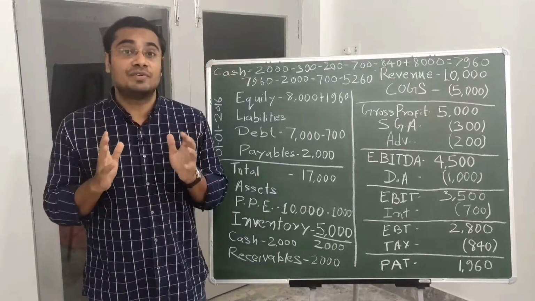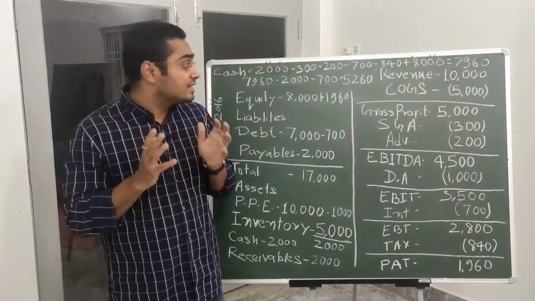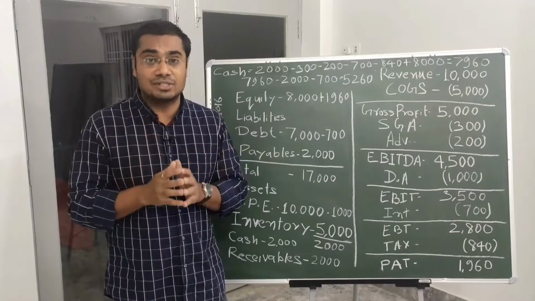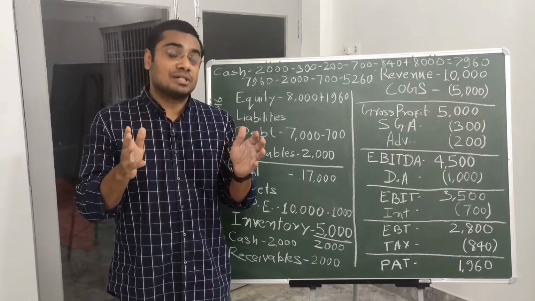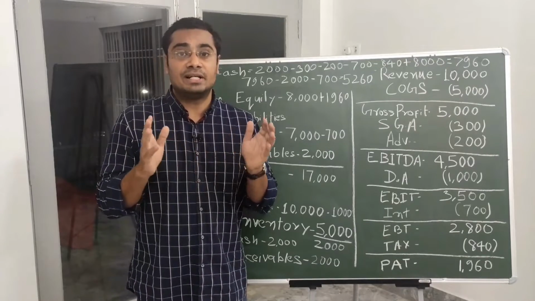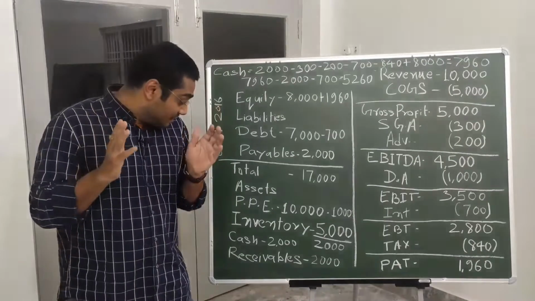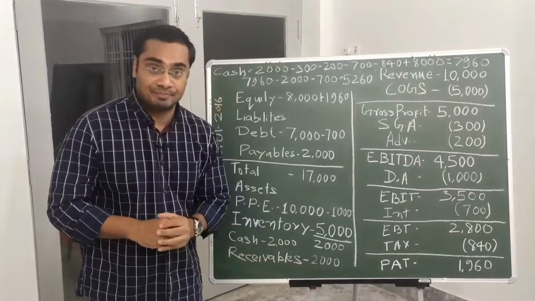It means the company sold finished goods of 10,000 rupees. We have assumed that out of this sale of 10,000 rupees, the company sold goods worth 8,000 rupees for cash and goods worth 2,000 rupees on credit, which created an asset in the balance sheet of the company as receivables worth 2,000 rupees, which we have recorded here.